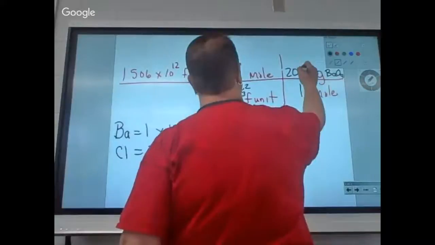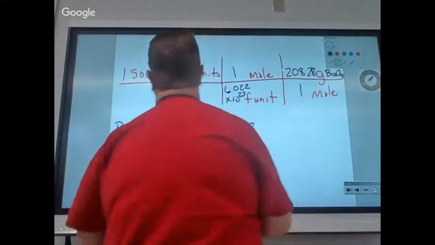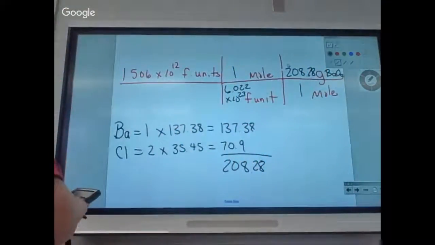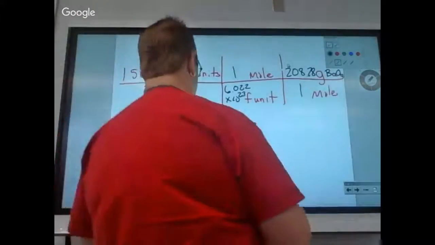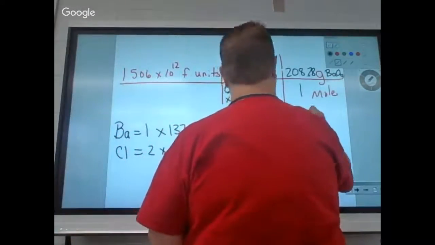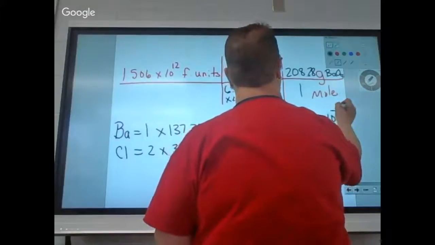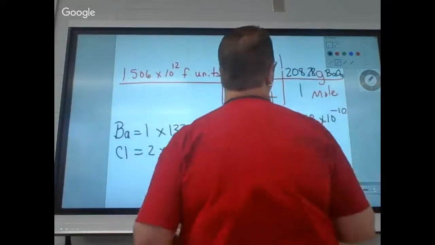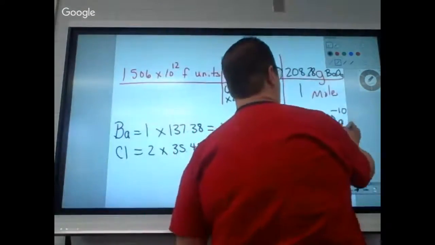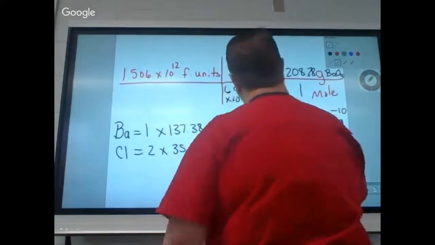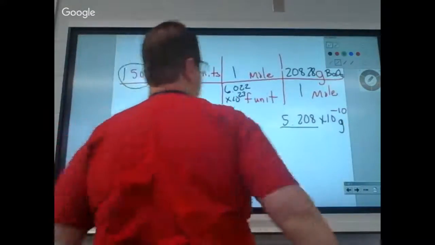So 1.506 EE 12 times 208.28 divided by 6.022 EE 23. 5.208 times 10 to the negative 10. Is that what I called out? Yeah. Okay. And then the unit is grams. And I put 4 significant digits there because I had 4 significant digits there.